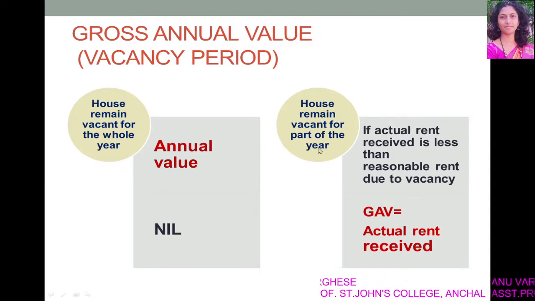But when there is a vacancy period, if actual rent received is less than expected rent or reasonable rent, and the reason may be due to vacancy, then gross annual value will be actual rent received itself.